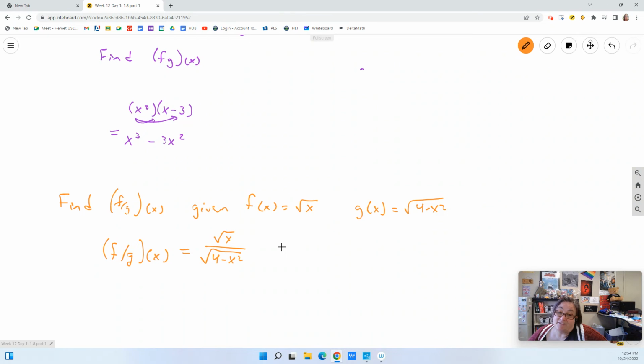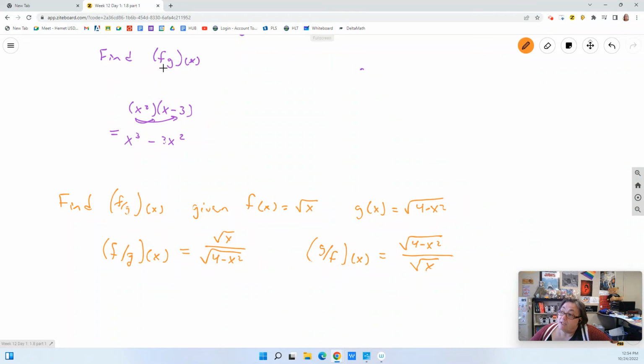Pretty tough, right? It's tough stuff. If I asked you for g over f of x, that would be the square root of 4 minus x squared over the square root of x. So not too difficult, right?